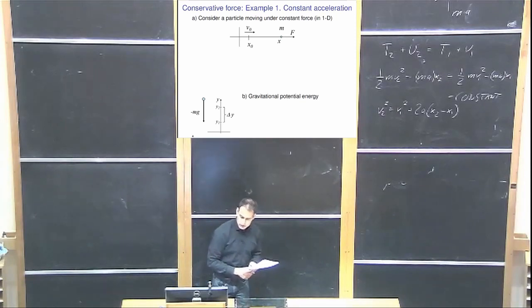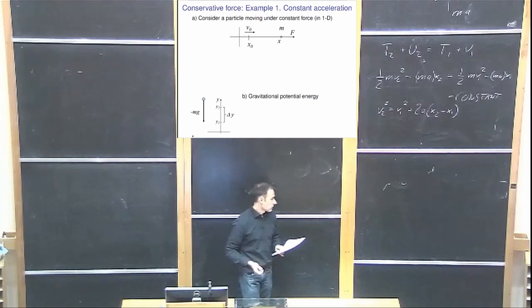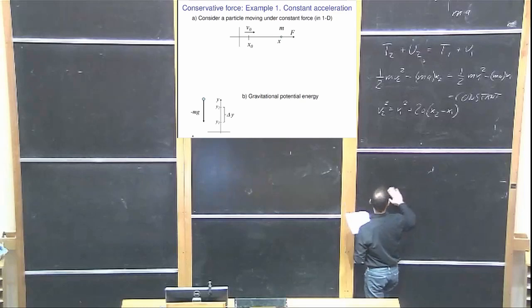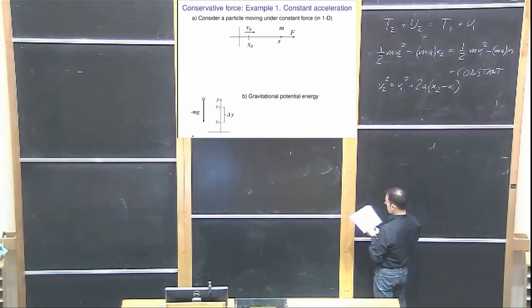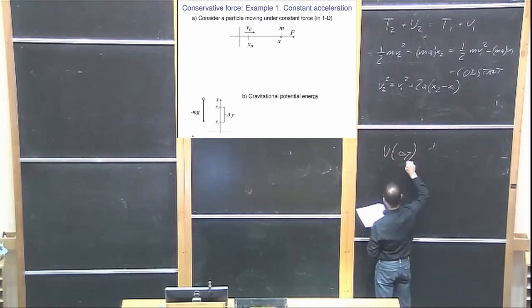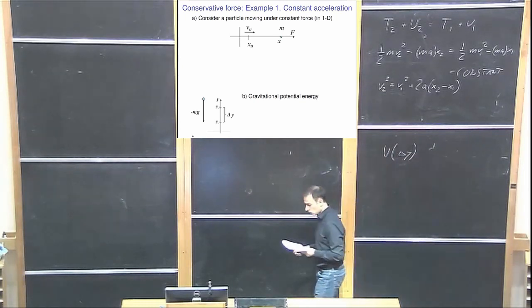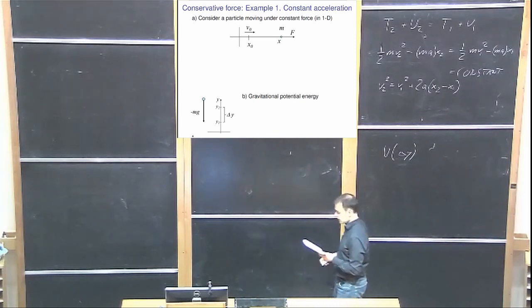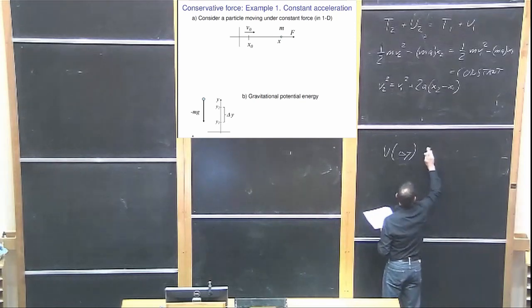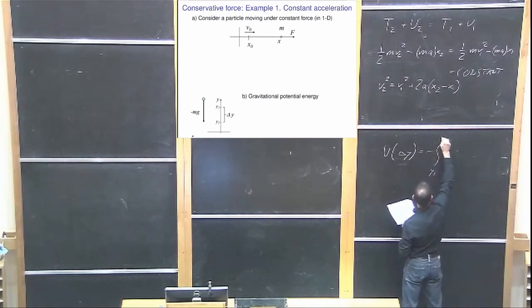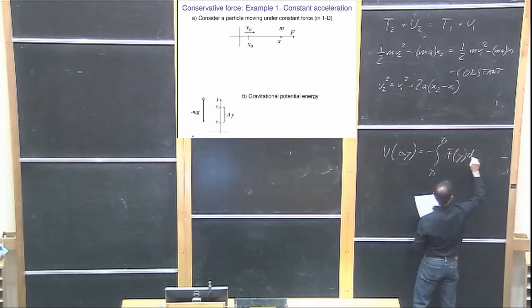Now, the second example is the axes are turned by 90 degrees, and we have now an acceleration due to Earth's gravity. So if we look at the potential energy at y2 and y1, and the delta is this distance in this gravitational potential, we get from y1 to y2 of F_y dy.